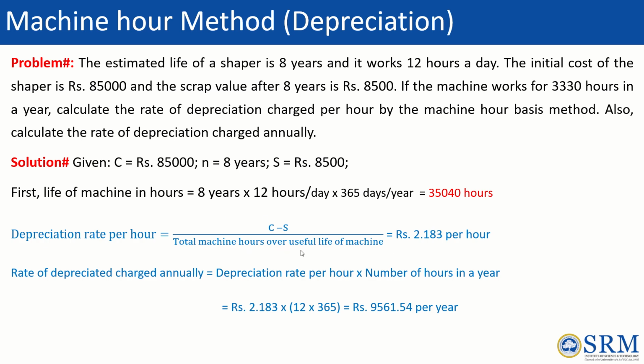By substituting these values, we will get rupees 2.183 per hour. Then we will calculate the depreciation charged annually, that is equal to depreciation rate per hour into number of hours in a year. By substituting all the values, you will get rupees 9561.54 per year.